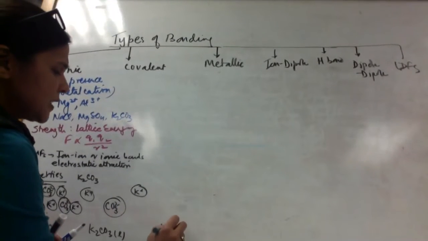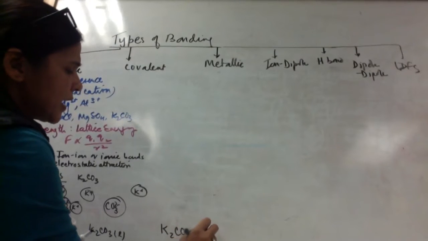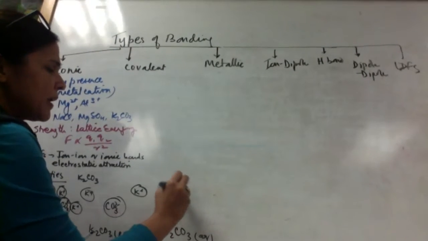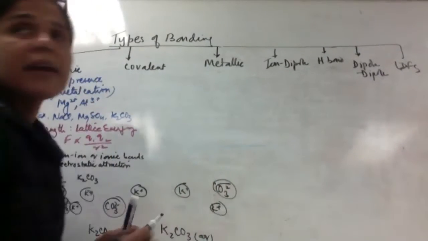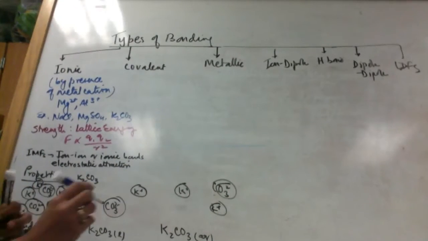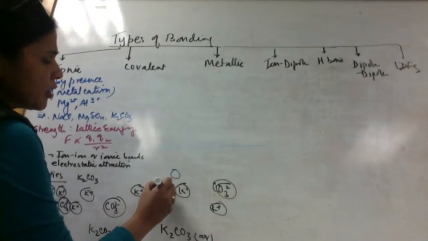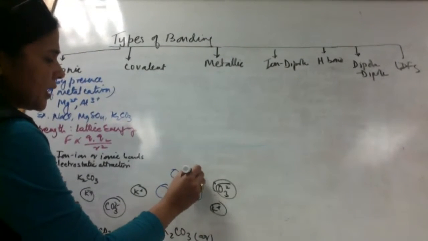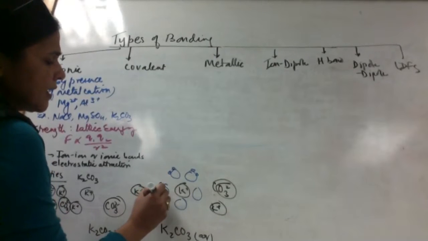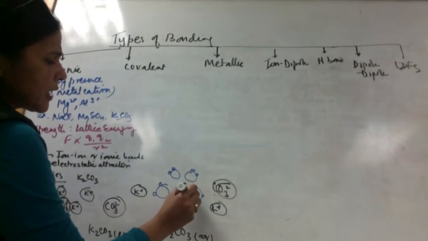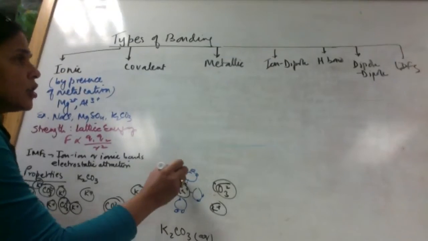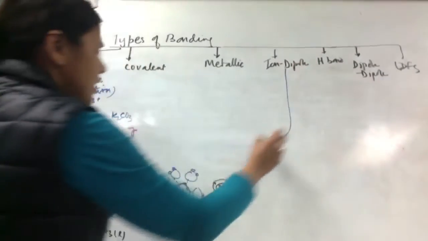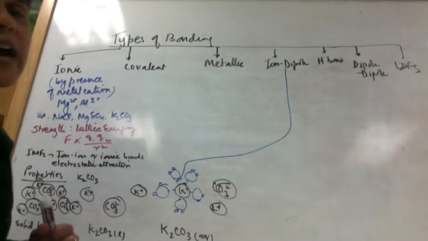And if it is aqueous K2CO3, then K+ and CO3 2-, being farther apart, also have water molecules around them. So when there are water molecules around them, there is attraction between them, and you know this attraction is ion dipole.